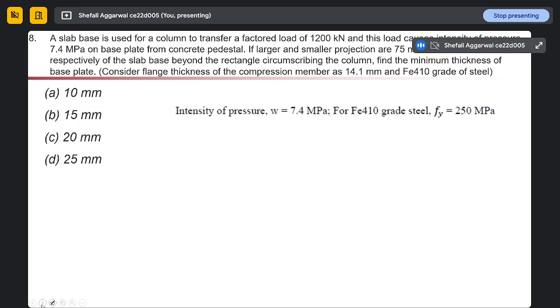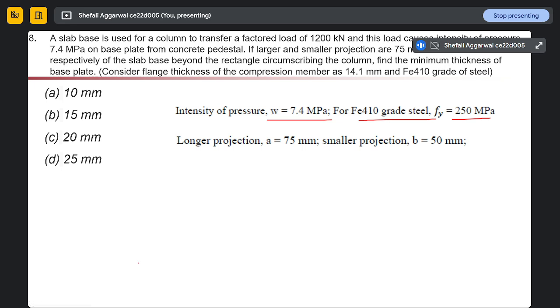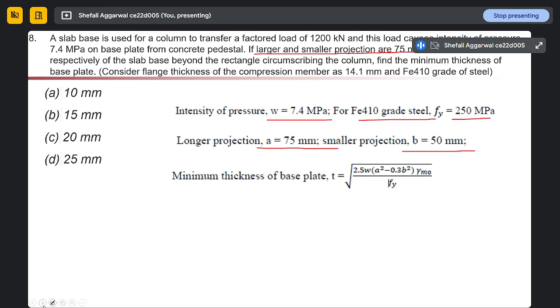Firstly, we are given the pressure intensity w as 7.4 megapascal, and for Fe 410 grade of steel, fy is given by 250 megapascal. Now, we have two projections of the slab base, larger a 75 mm, smaller b 50 mm. And then we can calculate the thickness of our base plate.